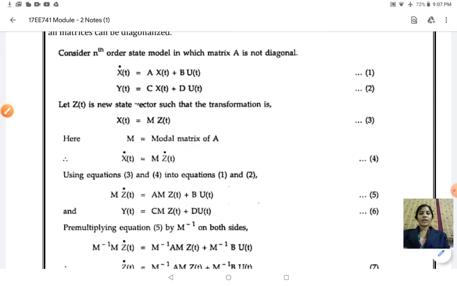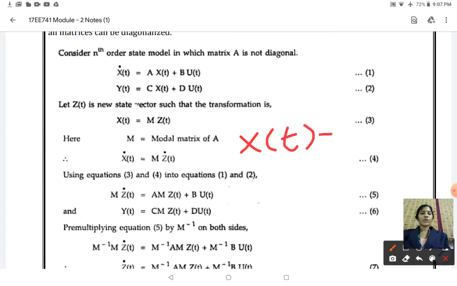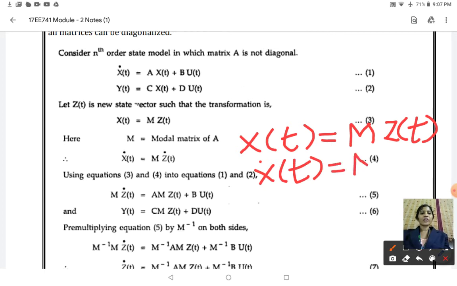Wherever you have x of t, you have to substitute it with M into z of t. It is a new state vector. And wherever you have x dot of t, you have to substitute it with M into z dot of t.